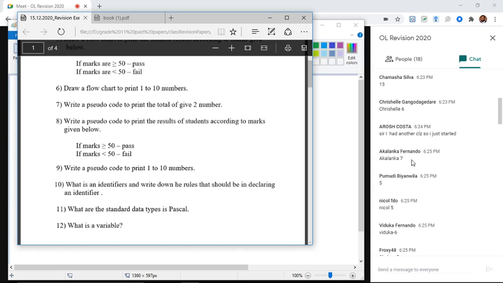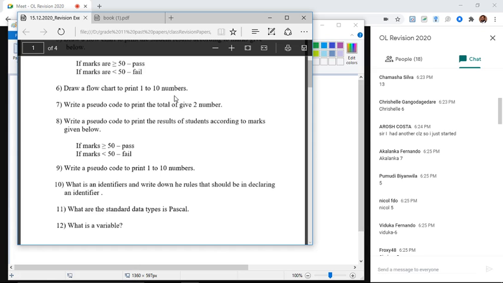Why equal 10? Because this program also displays number 10. Others can understand, right? Okay, Pumudi. Thank you. Good.